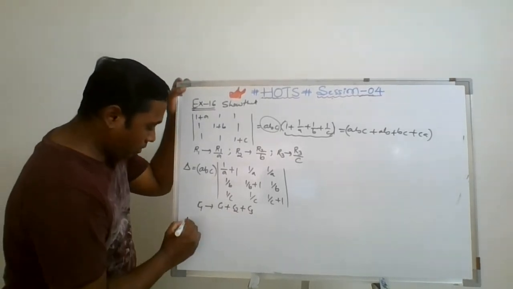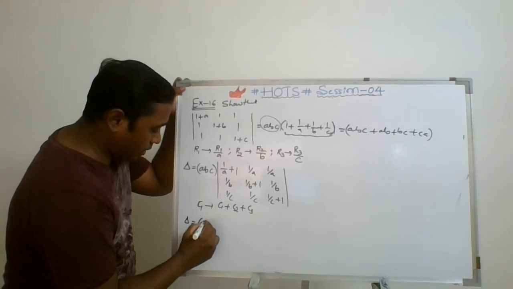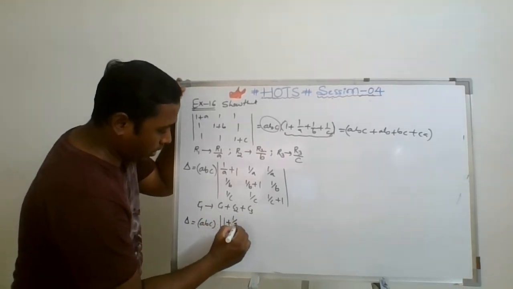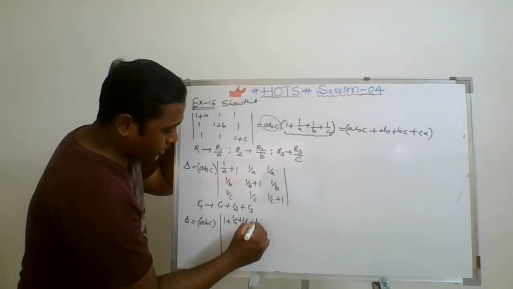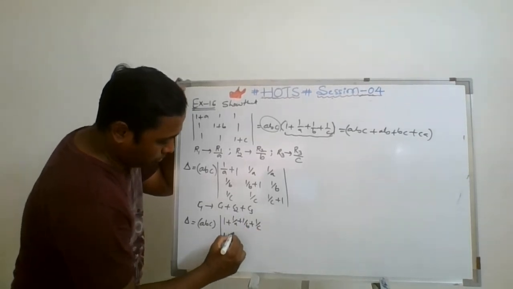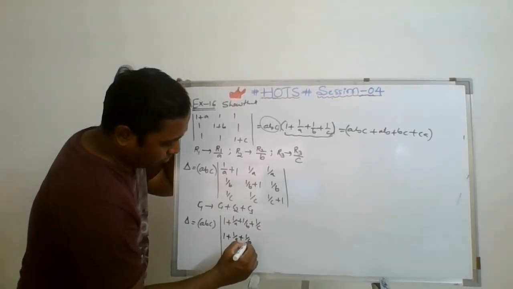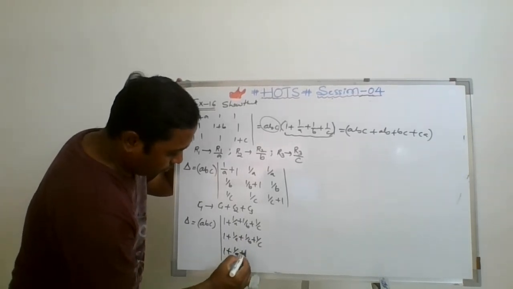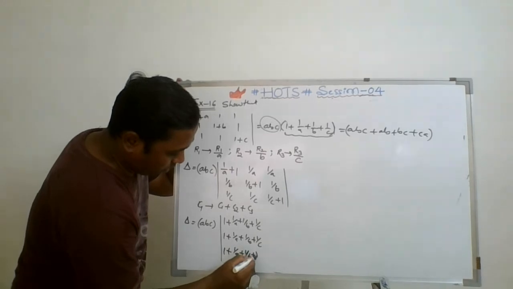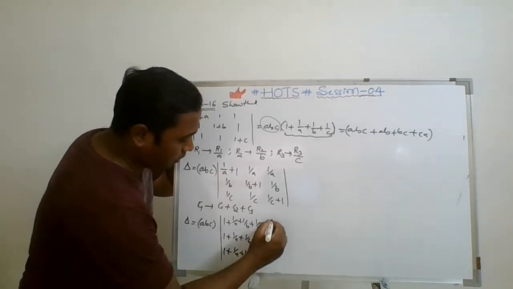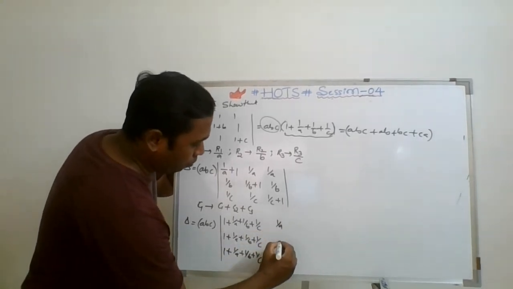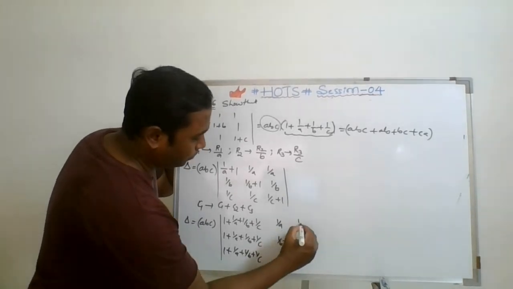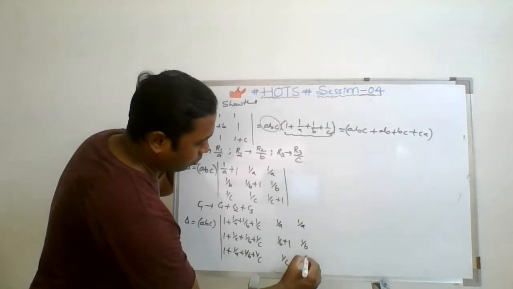If I do this, what I am going to get is ABC and then 1 plus 1 by A plus 1 by B plus 1 by C, 1 plus 1 by A plus 1 by B plus 1 by C, 1 plus 1 by A plus 1 by B plus 1 by C. All are identical. And column 2 remains the same. There is no change in column 2 and column 3.